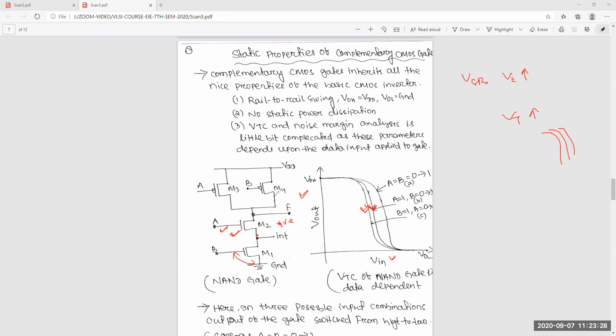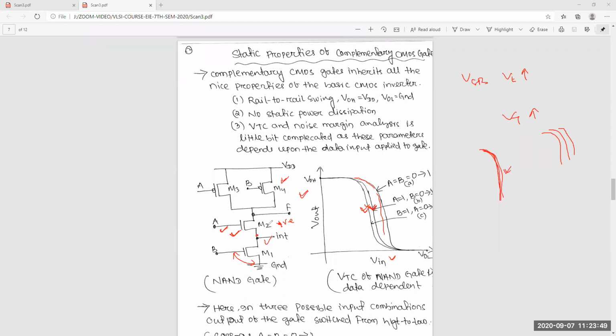So in the first case, because both will be on, the strength of these two decreases and the strength of the other two increases, so that's why it is shifted right. But in these cases, ideally both would be the same curve and merged.